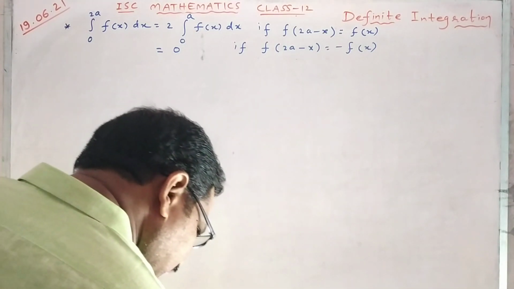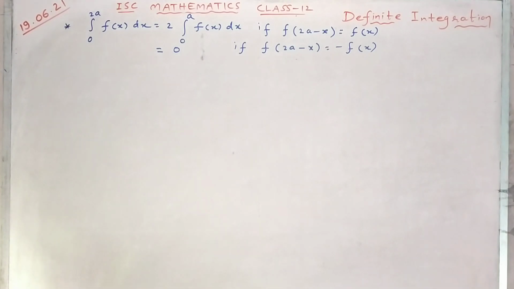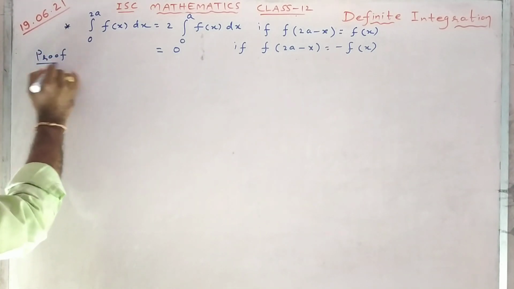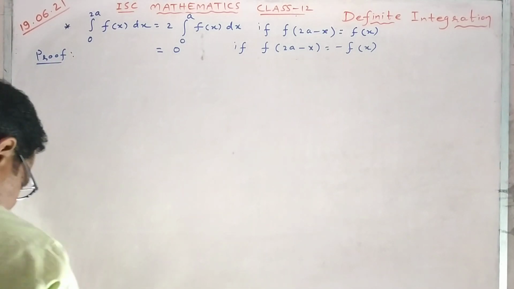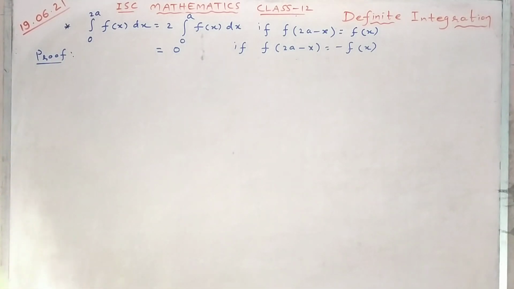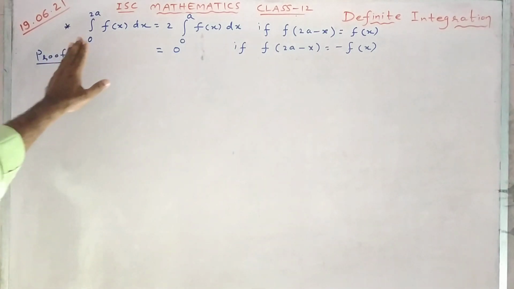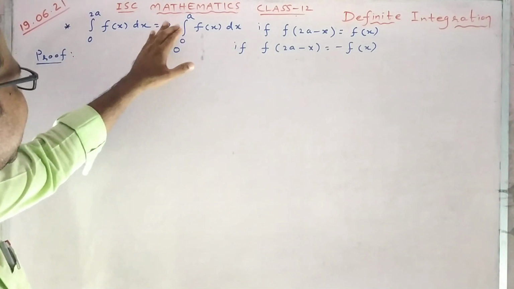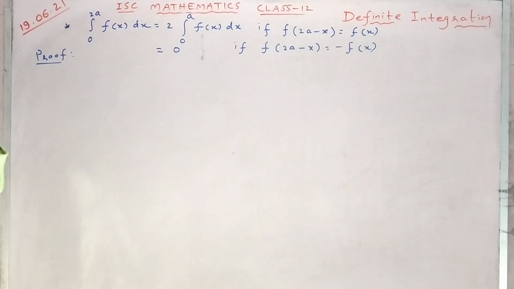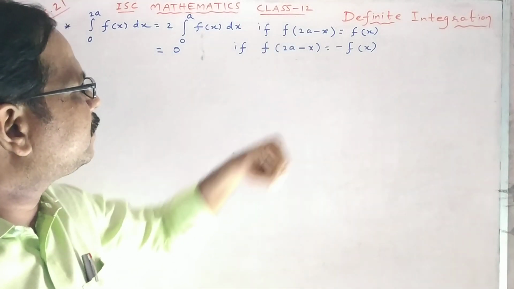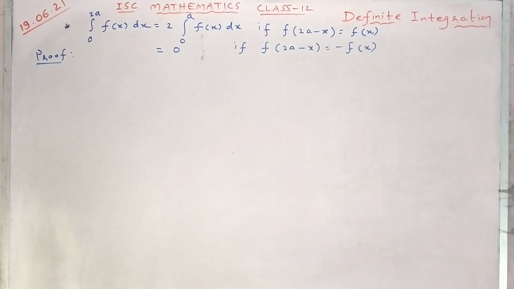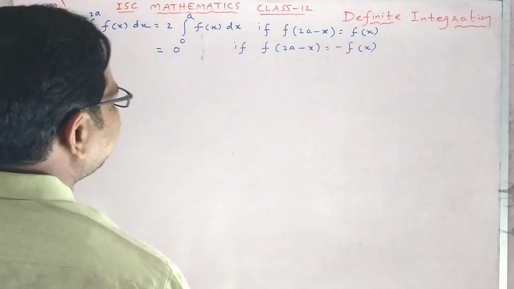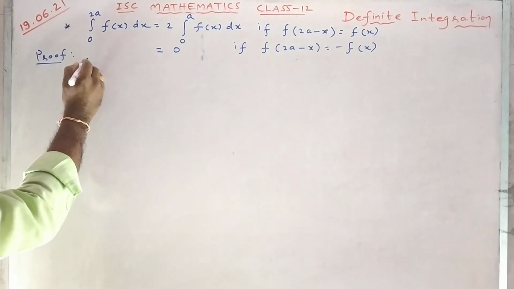If you want to prove this, see here: integral 0 to 2a f of x dx equal to 2 times integral 0 to a f of x dx if f of 2a minus x equal to f of x, and this value will be 0 if f of 2a minus x equal to minus f of x.